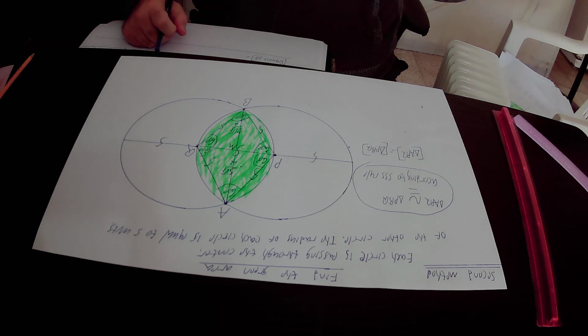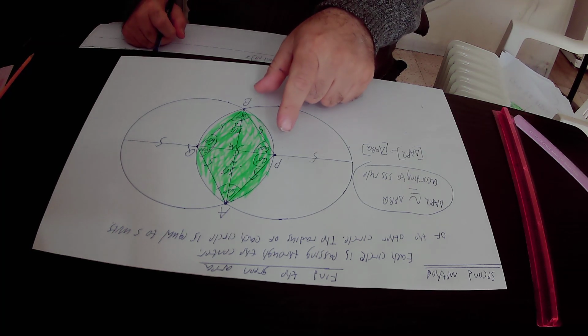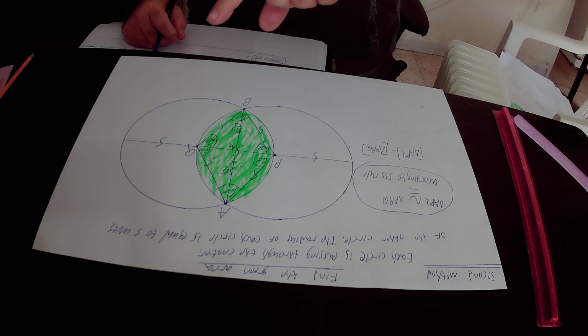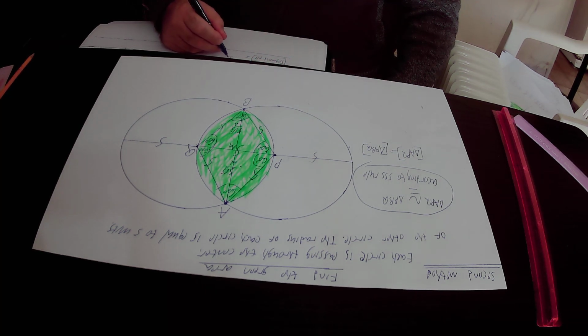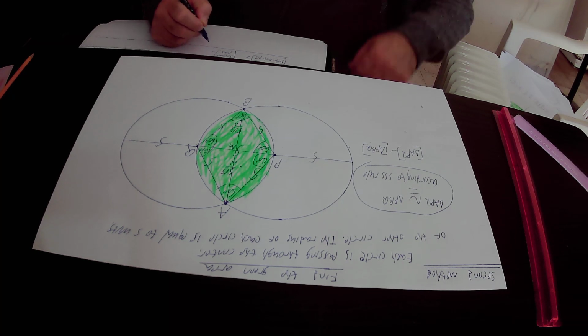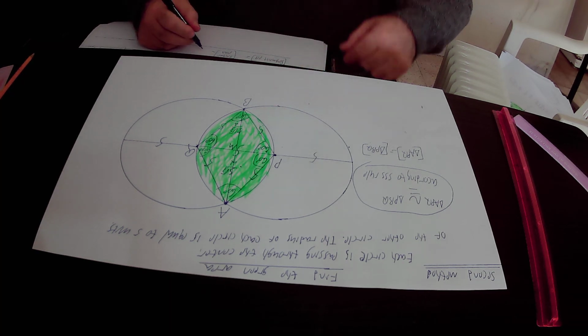The area of segment PB will be equal to the area of sector PQB minus the area of triangle PQB.